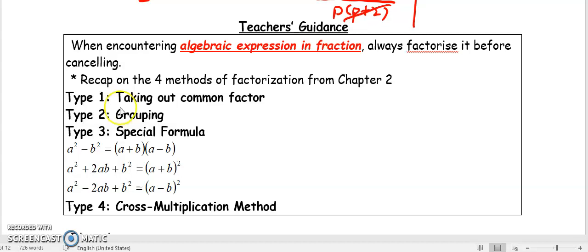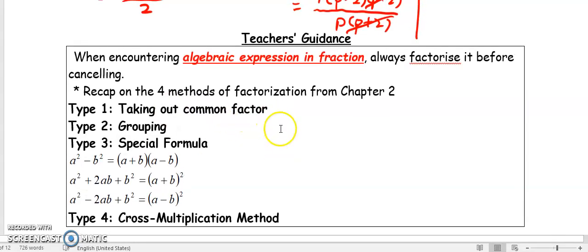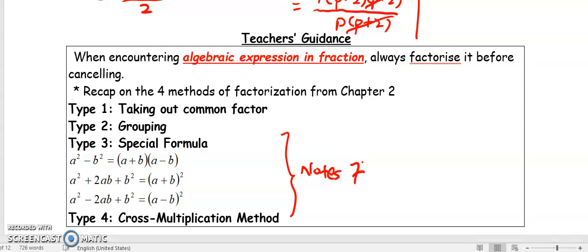For types 2 and 3 listed here, it is actually covered inside your notes number 7. You may need to take some time to revise if you have no idea what all these are.